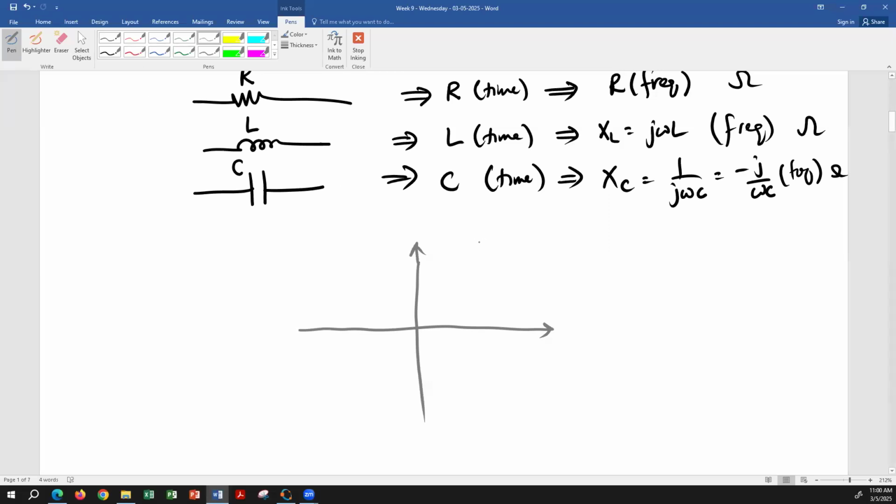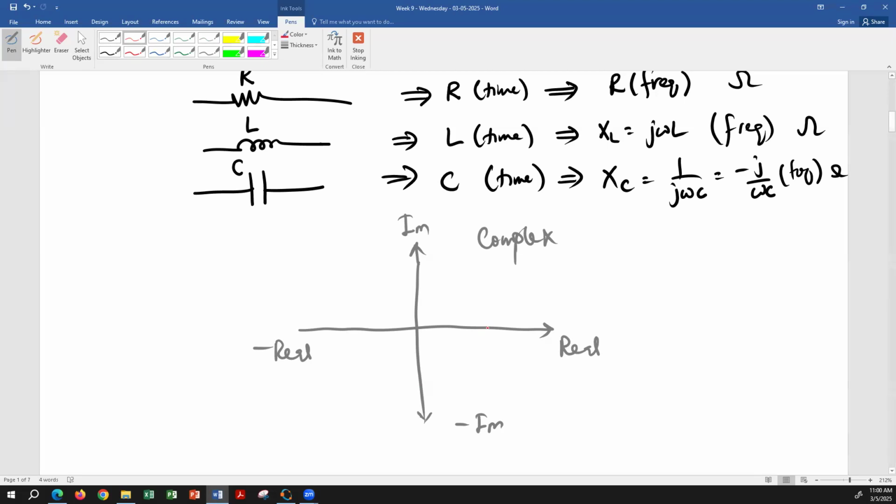All right, complex plane. Once you have a complex plane, you have real numbers on the x-axis, negative real numbers on the negative x-axis, imaginary numbers on the y-axis, and negative imaginary numbers below. Resistance: where does the resistance lie on this complex plane? Who's going to tell me?